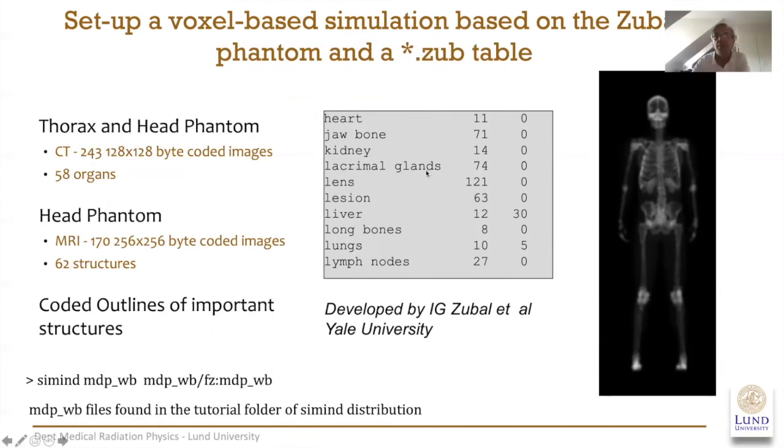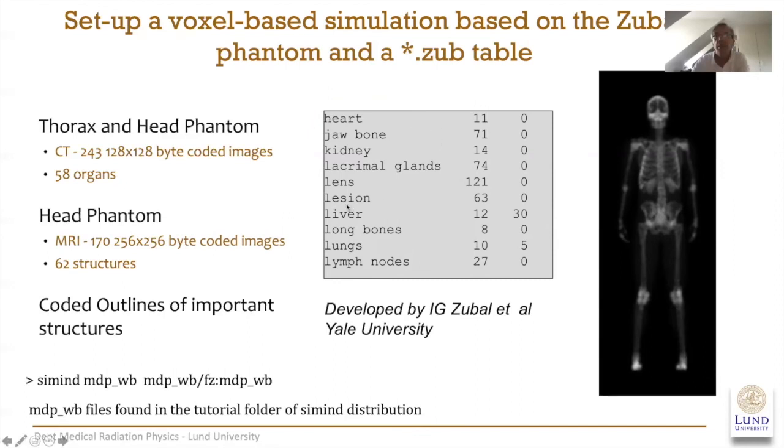So it is not just a phantom that you can use directly. In fact, you have to change those code-based values into an activity distribution and a density distribution, which is easily done in SIMIND by a table that you connect to this Zubal phantom.